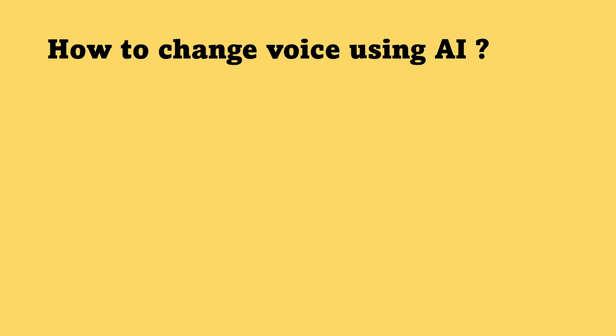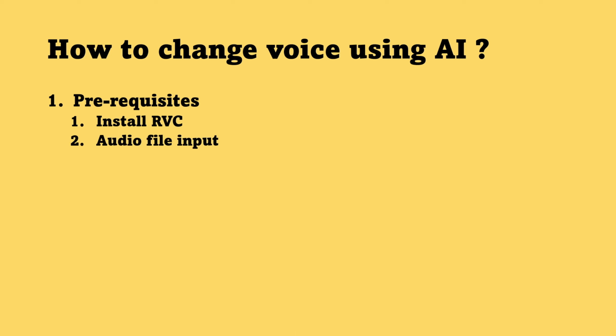Today, let's look at how we can leverage AI to change the voice in a speech file. For that, we need to install RVC and then we need to have an input file. We also need to have a sample of output file.